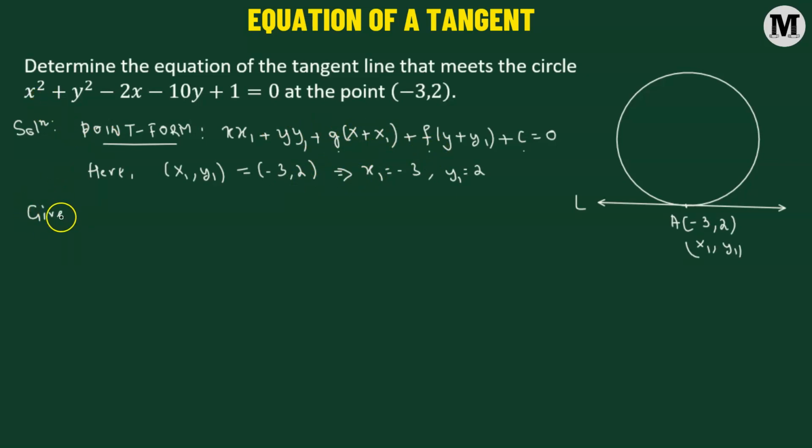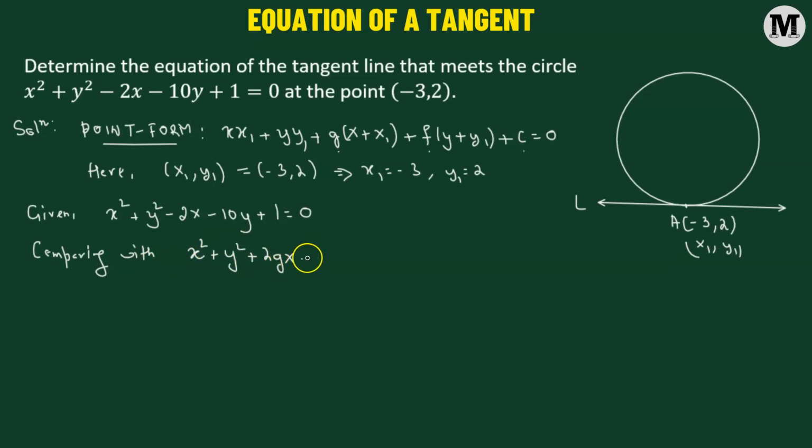So we have the equation of the circle given by x squared plus y squared minus 2x minus 10y plus 1 equals 0. We're going to compare this equation of the circle with its general form, which is given by x squared plus y squared plus 2gx plus 2fy plus c equals 0.